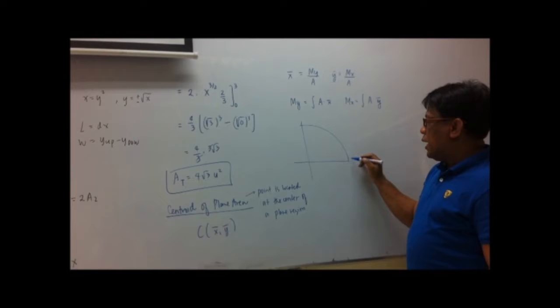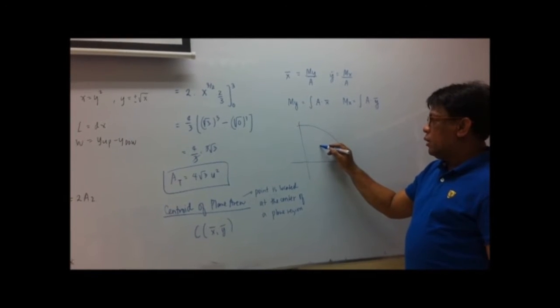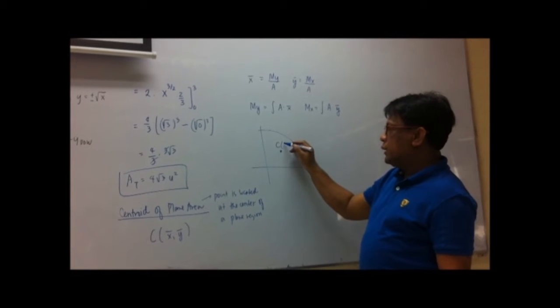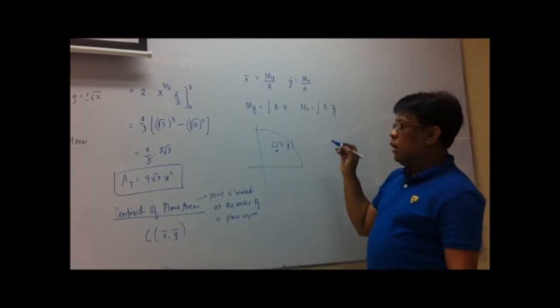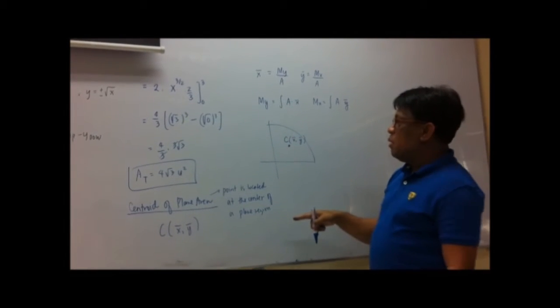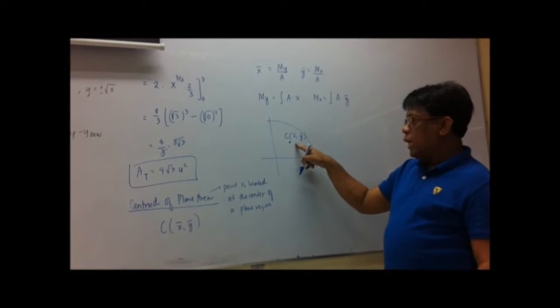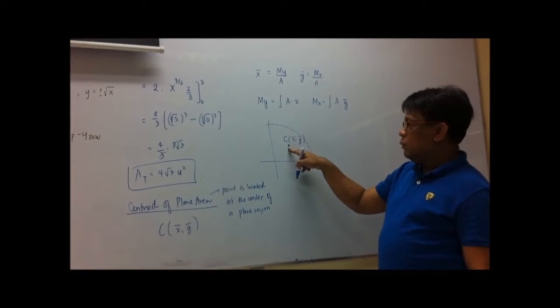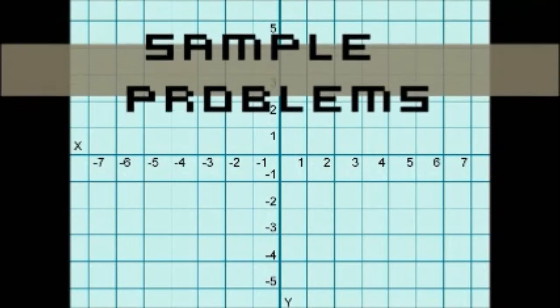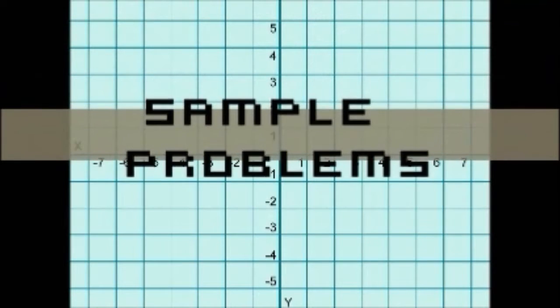So the centroid will lie at the center of the plane region, and it has coordinates bar x, bar y. So with regards to centroid of plane area, we will deal with the coordinates of the point which is known as centroid having bar x, bar y.